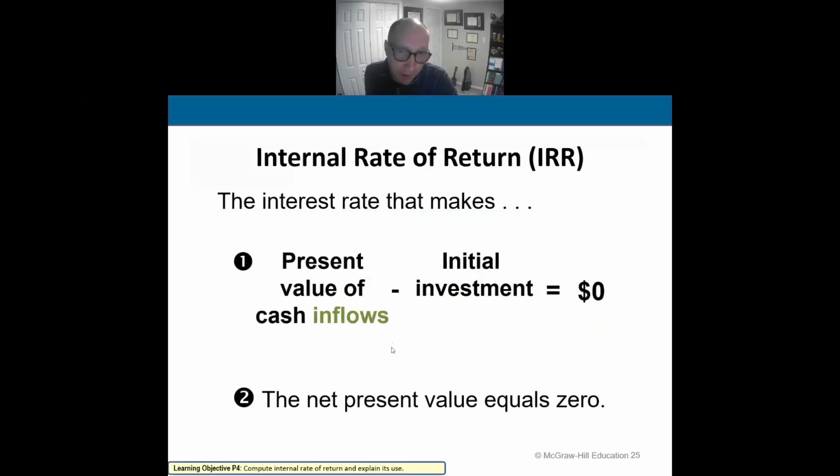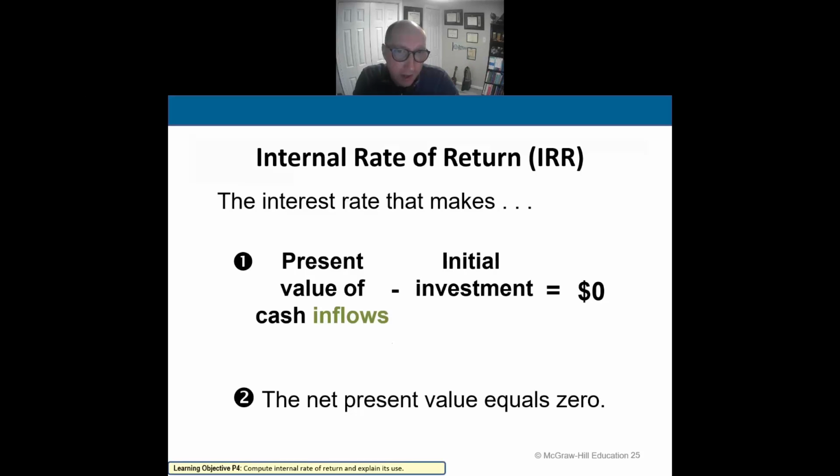And the last one is the internal rate of return. The internal rate of return, as I had said earlier, is that internal percentage that I need in order to make the investment.